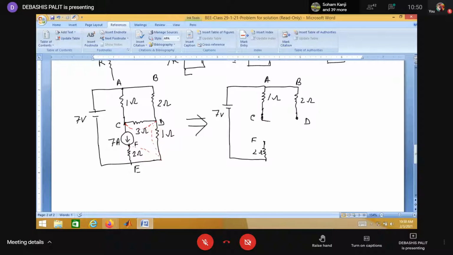There is a 3 ohm resistance, there is also another resistance, there is a 1 ohm resistance. So I can drive this current source equivalently: this point to this point, this point to this point, and this point to this point.